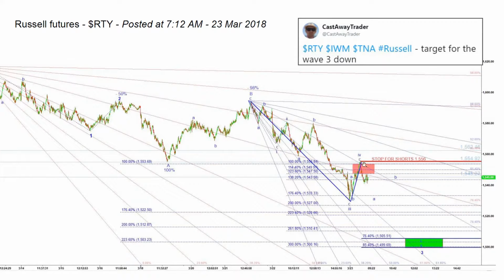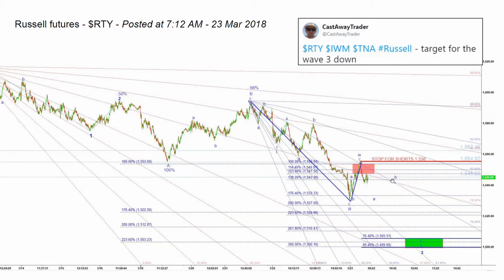because a typical structure of the wave 5 of any degree is that subwave A would decline to the previous bottom in the wave 3, and then we should get some corrective B up. And B up may retrace 50%, 61.8%, 76.4%, or even 98% of the decline in wave A, but not more than 100%.